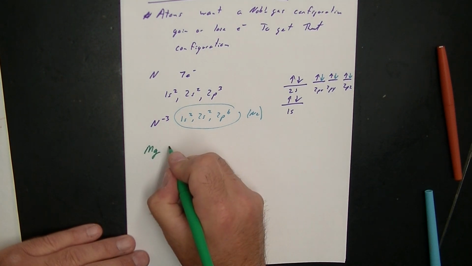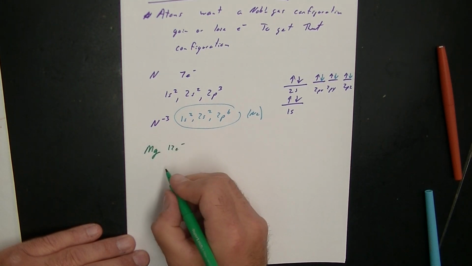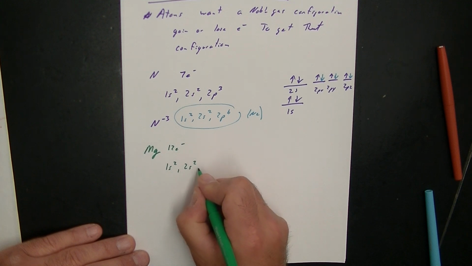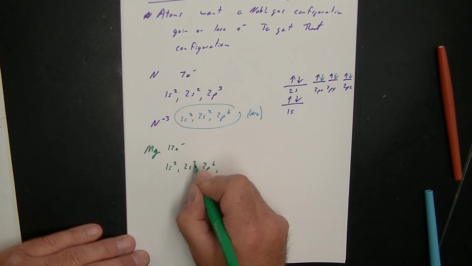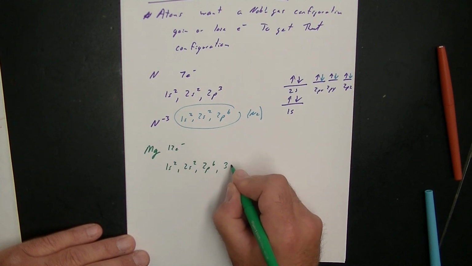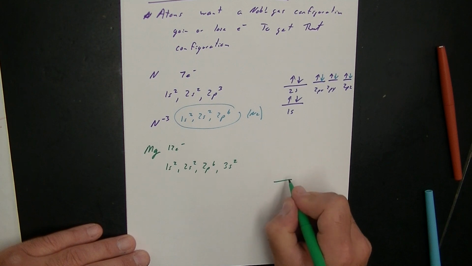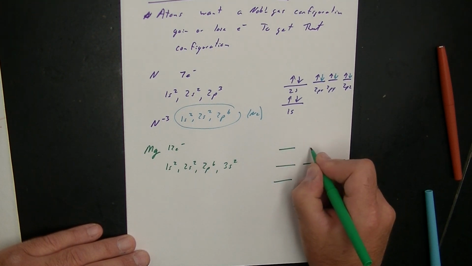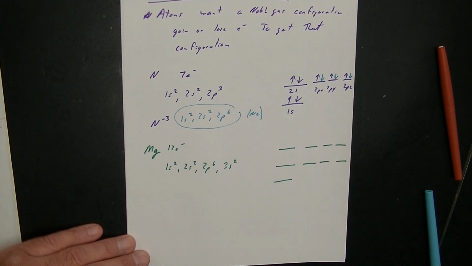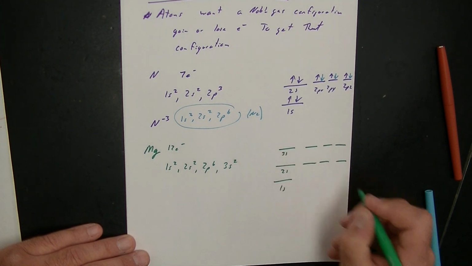Magnesium has 12 electrons. If we write its electron configuration, it would be 1s2, 2s2, 2p6, that's 6, 7, 8, 9, 10, 3s2. Orbital notation: here's my 1s, my 2s, my 3s.